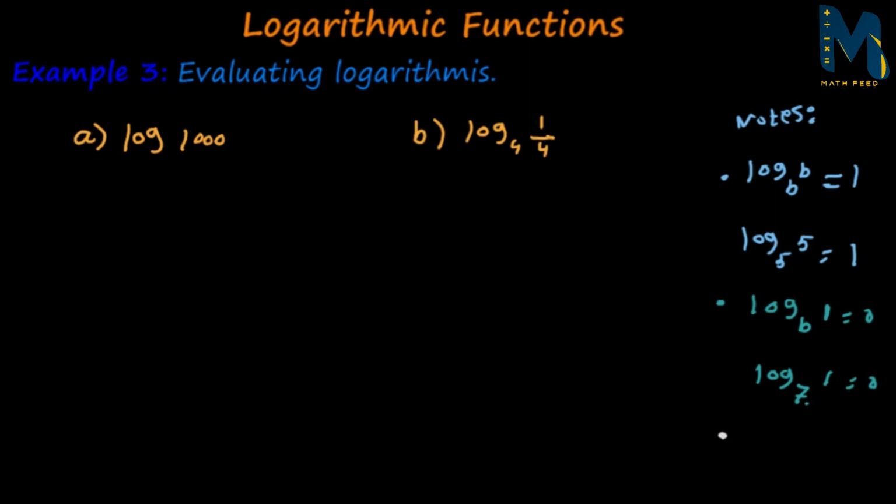And another note, if you have a logarithm like this, and you don't have a base, we assume that this is 10. For example, if you have log 100, it means we have log base 10 of 100.